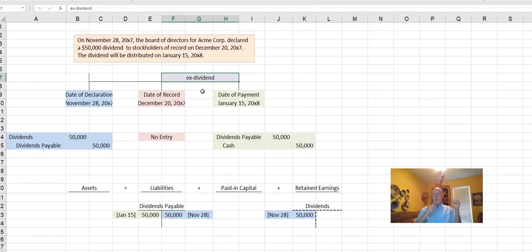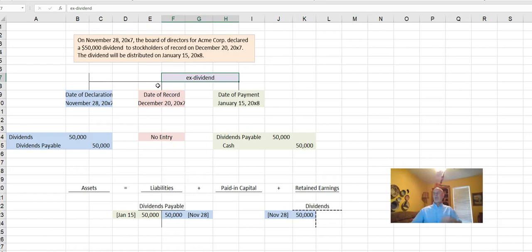So after the date of record, the stock is selling ex-dividend, and in fact the ex-dividend date is the date when the dividend is no longer attached. Kind of think of it as the date of record, but in practice that ex-dividend date is actually usually a day or 2 before the date of record, just to give the system time to take that into account.